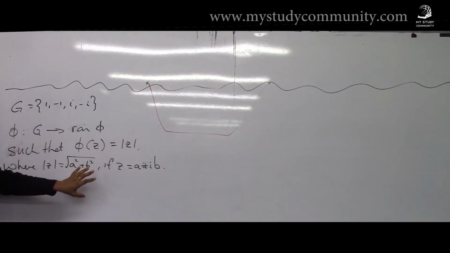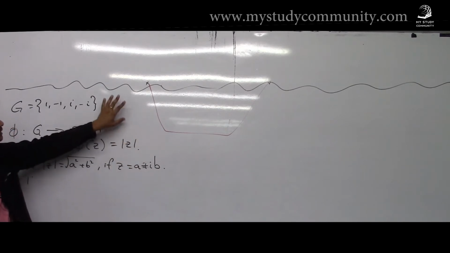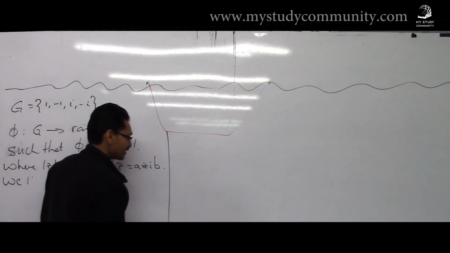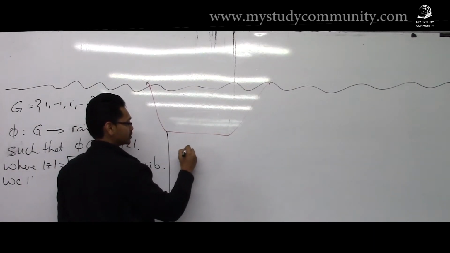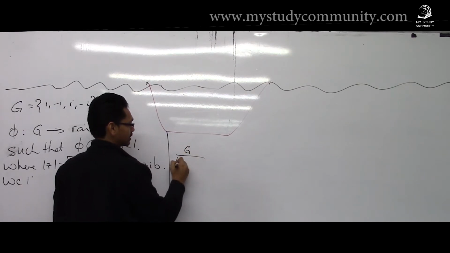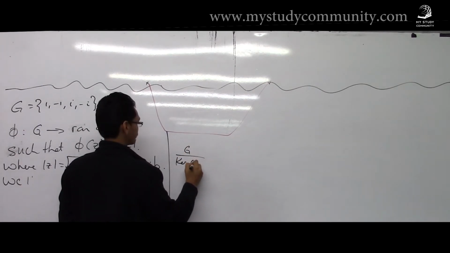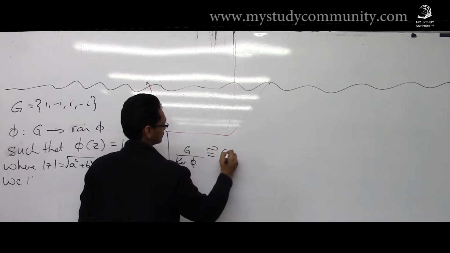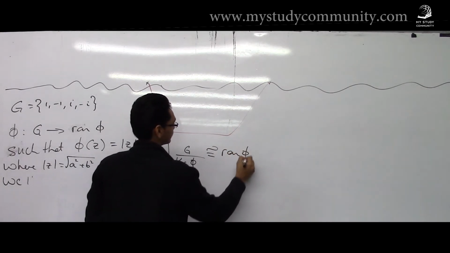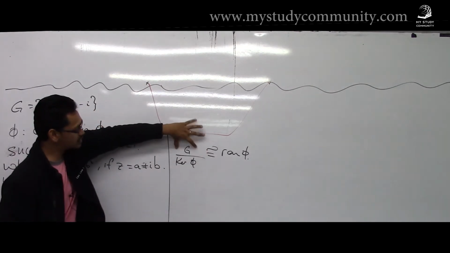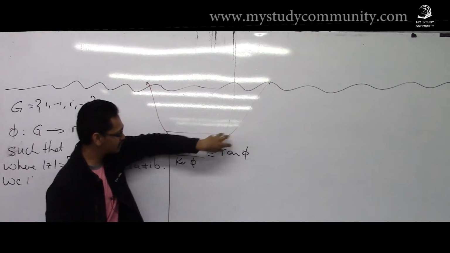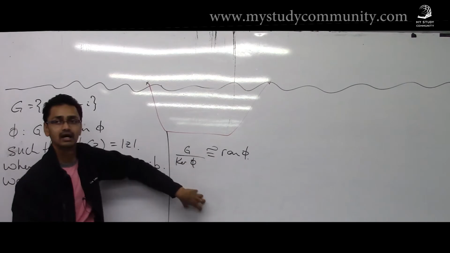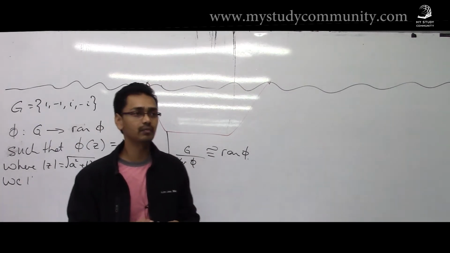I want you all to figure out for me what would be the sets. So, by yourself, you all need to figure out G on the kernel of phi is isomorphic to what? To the range of phi. So figure out how this would look, and then simplify what this would look as, just like we did in the example before.